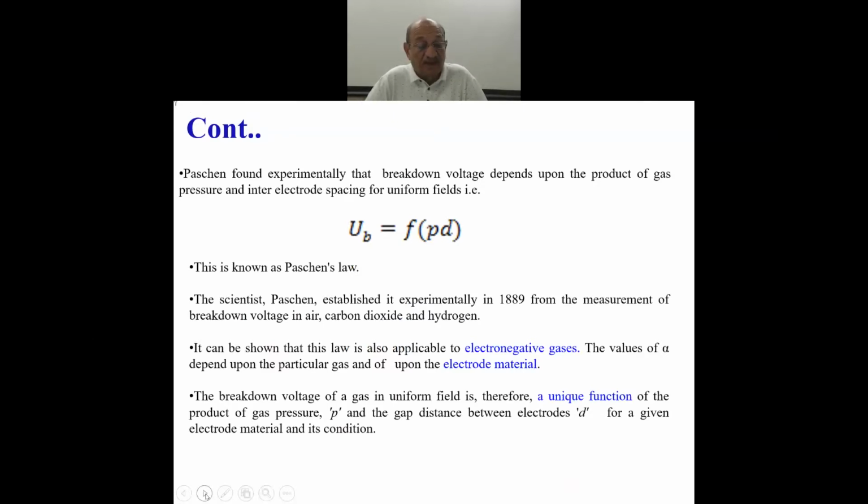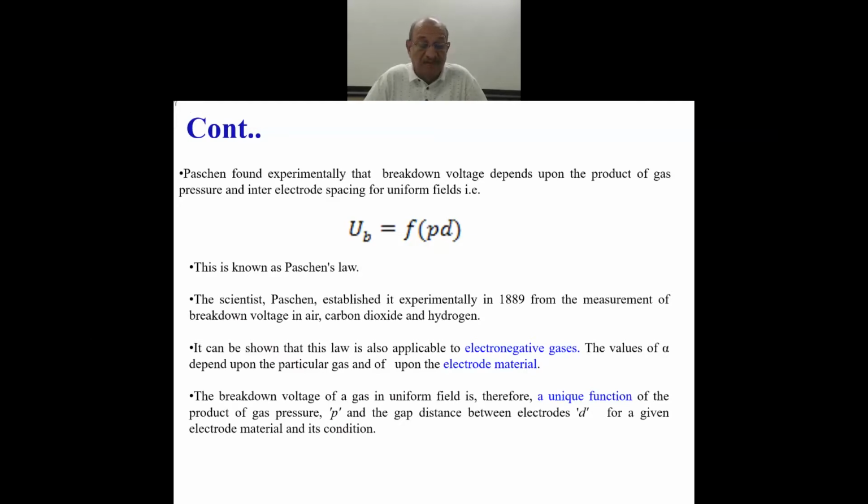Paschen found experimentally that breakdown voltage depends upon the product of gas pressure and inter-electrode spacing for uniform fields.